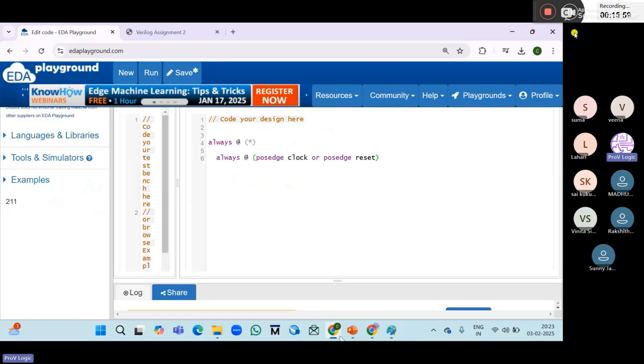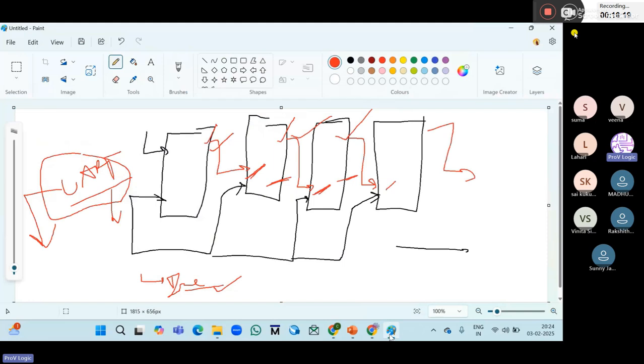How can we show that in the program? Just a single line we need to write. If there is no reset there, that is what we call synchronous. If there is a reset there, it is asynchronous. Asynchronous means whenever the input changes, the output changes automatically. Whenever the reset is high, the output changes automatically.